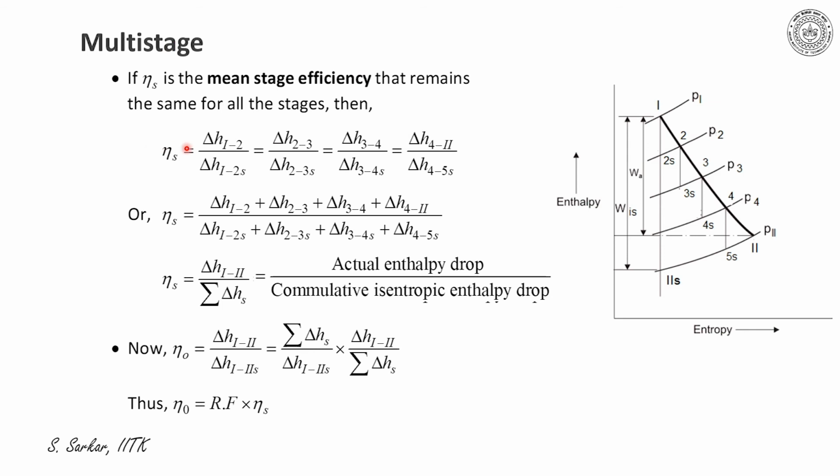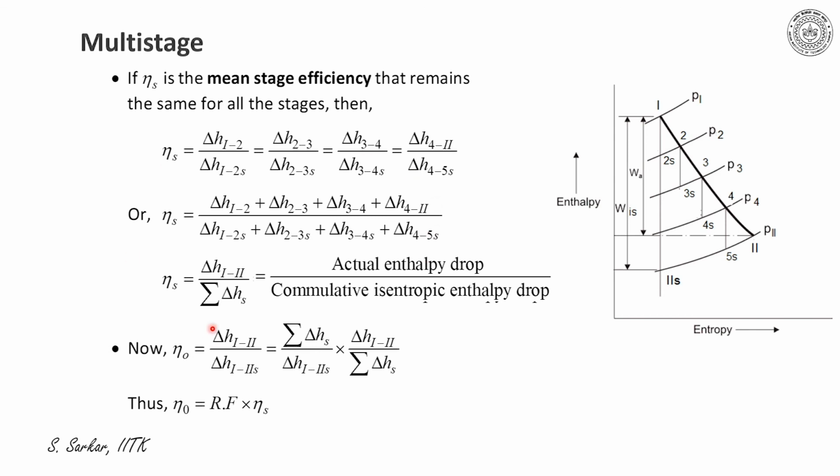Now if I consider all stage efficiencies are the same, then I can write eta S is equal to del H12 plus del H23 plus del H34 plus del H45, and divide by, add all these things, that means del H12S plus del H23S plus del H34S plus del H45S.